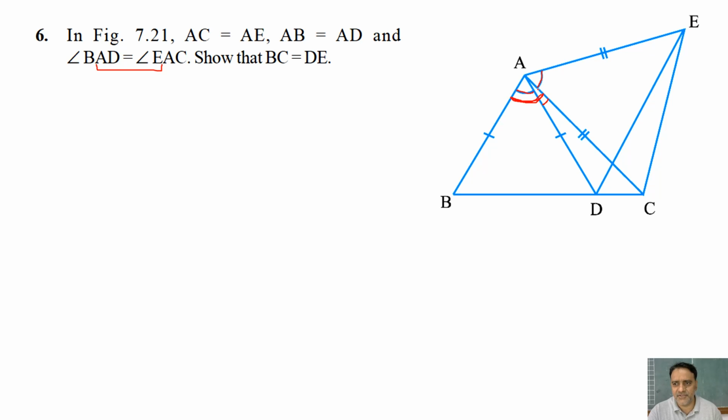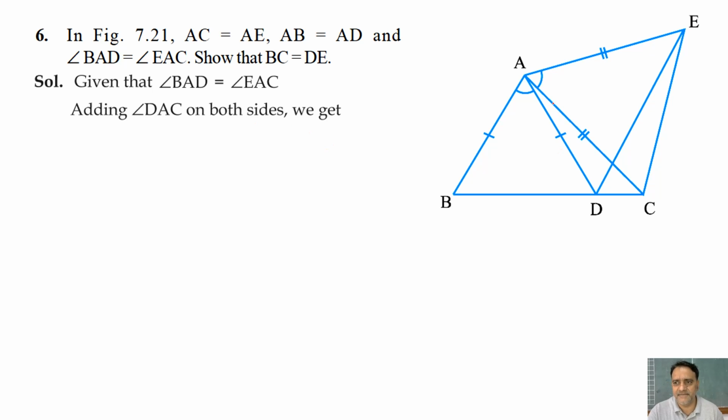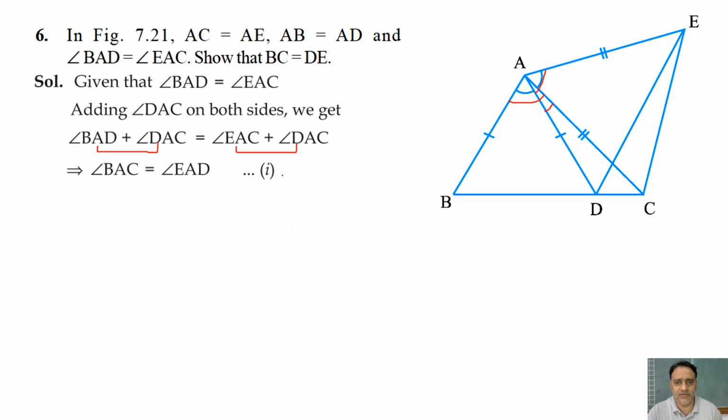If we add these two, we will get this complete angle. Okay, so we'll see one by one. First, we are going to add this angle to both sides. The sum of these two angles is this angle, and the sum of these two angles is this angle. Right? Any doubt in this one?